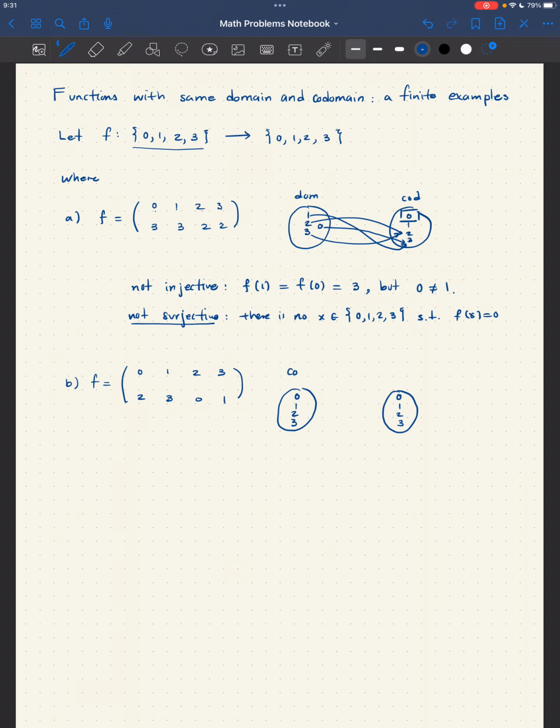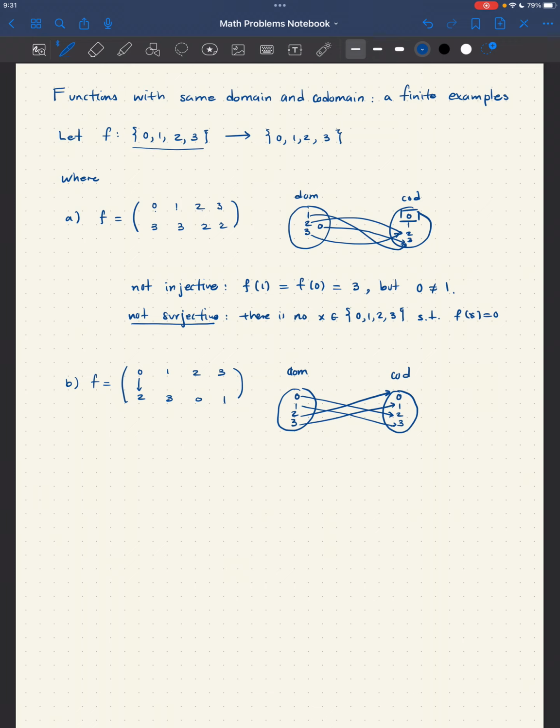This is the domain, and this is the codomain. Now where is 0 going? Well, 0 goes to 2, as is indicated here in the table. 0 goes to 2. Now 1 goes to 3, 2 goes to 0, and 3 goes to 1.